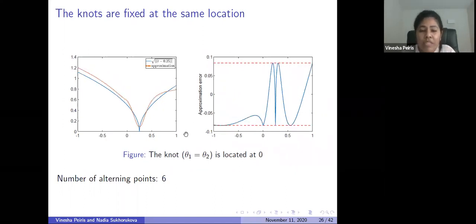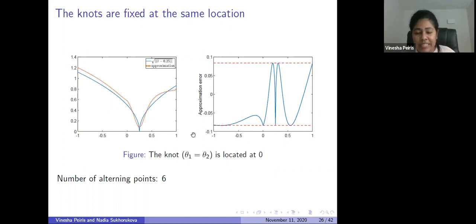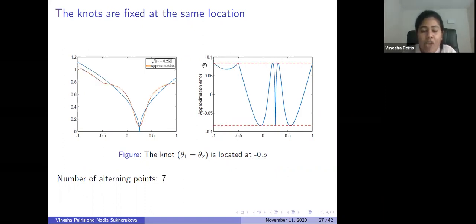And now we move this knot to the left-hand side, so both knots are located at 0, and we only get 6 alternating points. And the maximum deviation is slightly lower than 0.1. And now we move this knot even further, so both knots are located at minus 0.5.